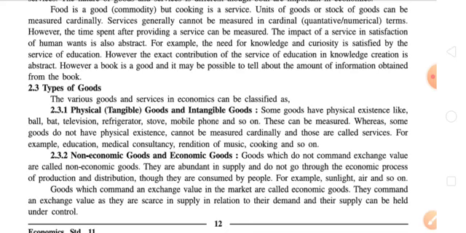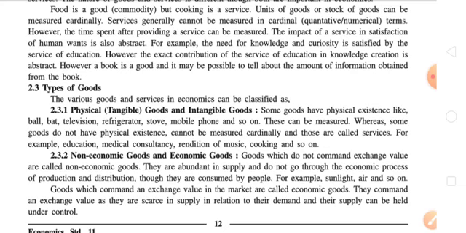So, goods which do not command exchange value are called non-economic goods. It means they cannot be exchanged with the use of money. Non-economic means non-financial, non-monetary. They are abundant in supply. Abundant means in a large quantity, and they do not go through the economic process of production and distribution, though they are consumed by people.